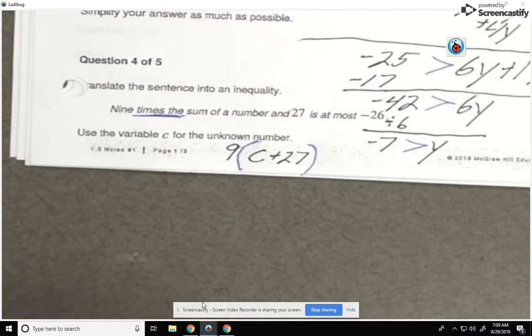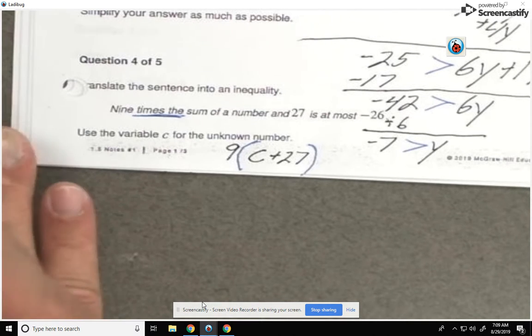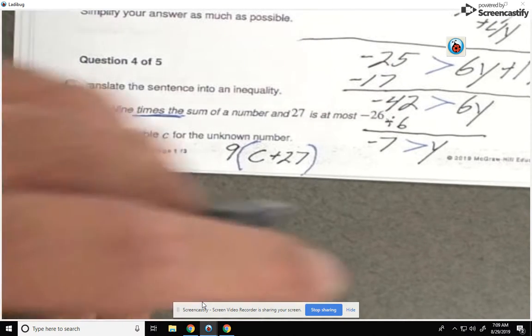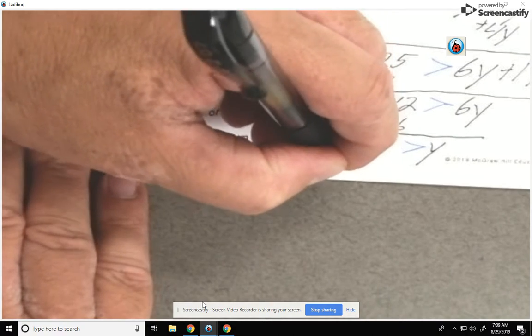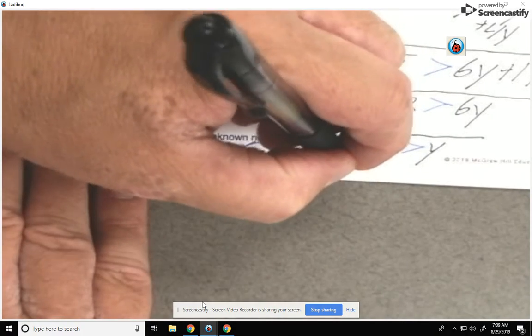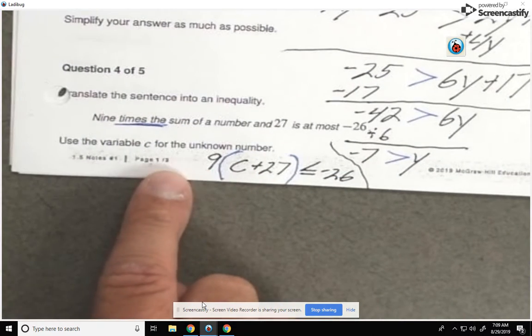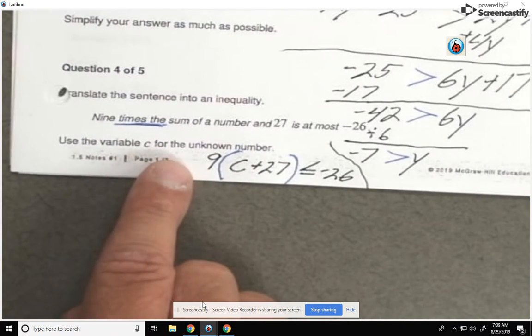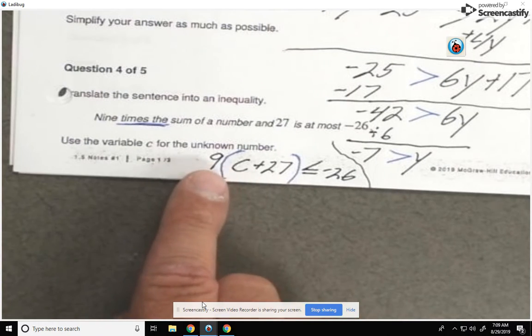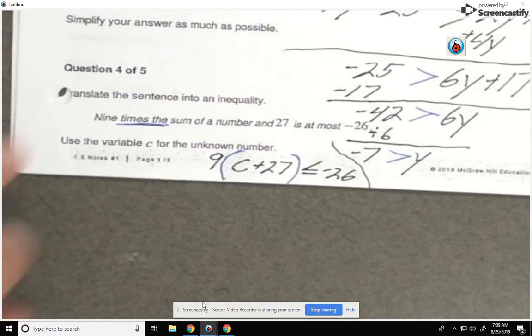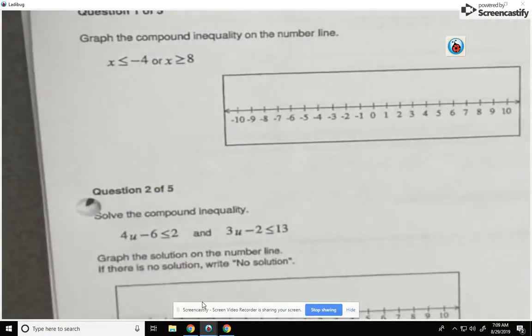Okay, at most means that it is either equal to negative 26 or less than negative 26. Okay, so here we go ahead and we put in our inequality symbol of less than or equal to negative 26. Okay, and again, you got to look at your wording here, at most, and look at your sheet on clue words.